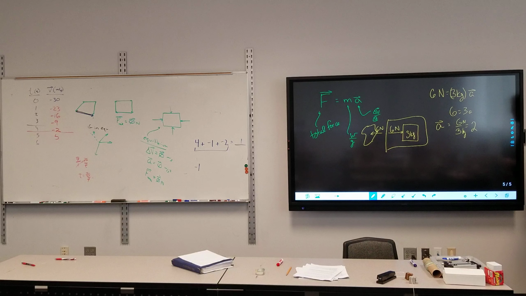What are the units of the 2? There are 2 answers. What are the units?